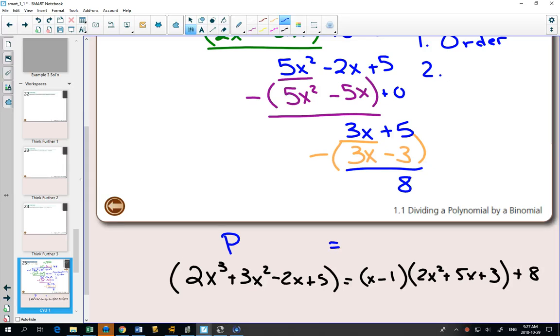The divisor, so that's D. What did we call the 2x squared plus 5x plus 3? The quotient. So it's D times Q, DQ, and then plus the remainder. So your division statement is P equals DQ plus R.